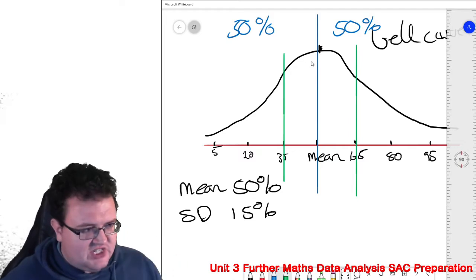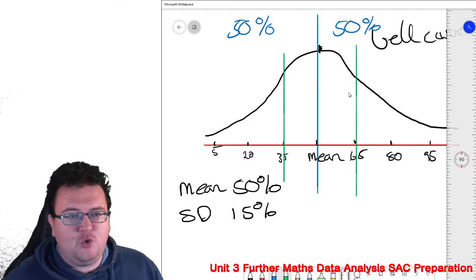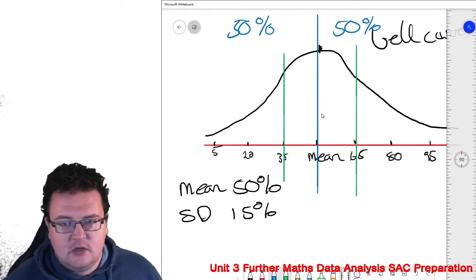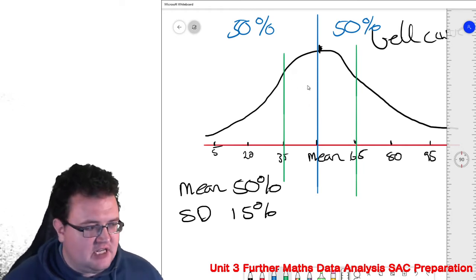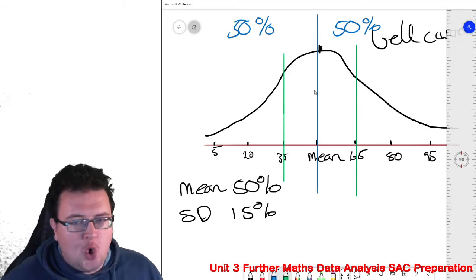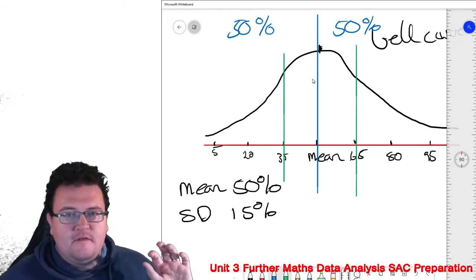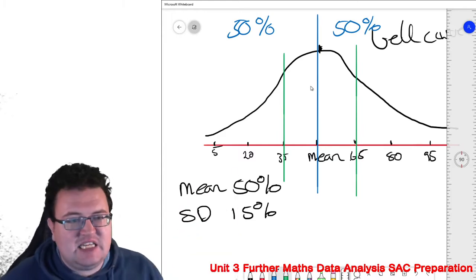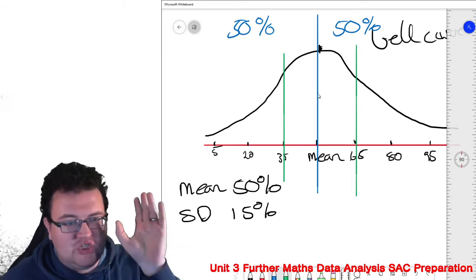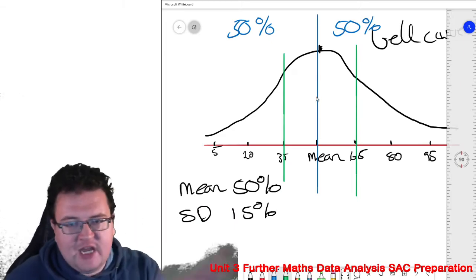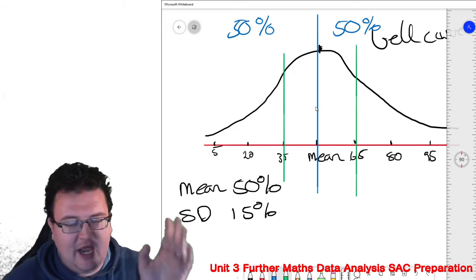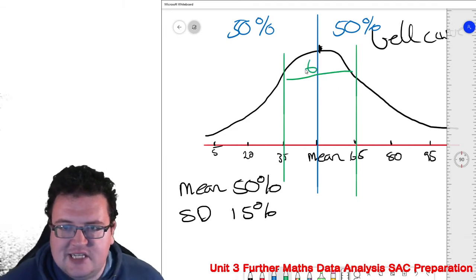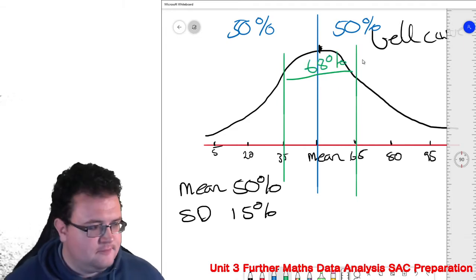The rule states that if you are within one standard deviation of the mean, then you are in 68% of your data. So if your data is normally distributed, 50% will be above the mean and 50% will be below the mean. But 68% will be between our one above and one below. So from here to here is going to be 68% of the data.